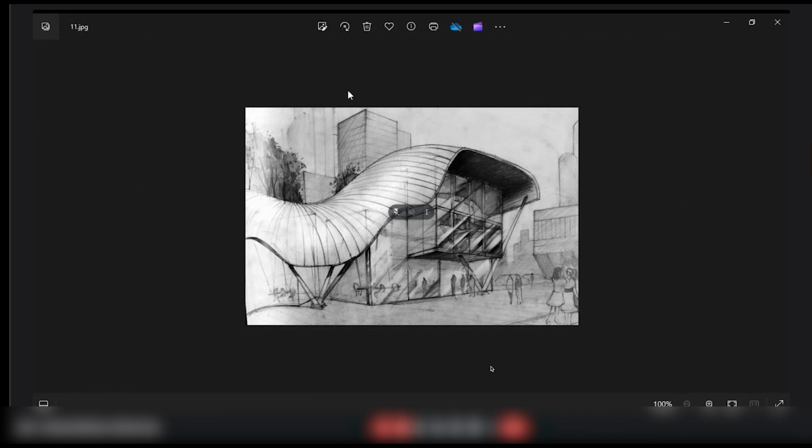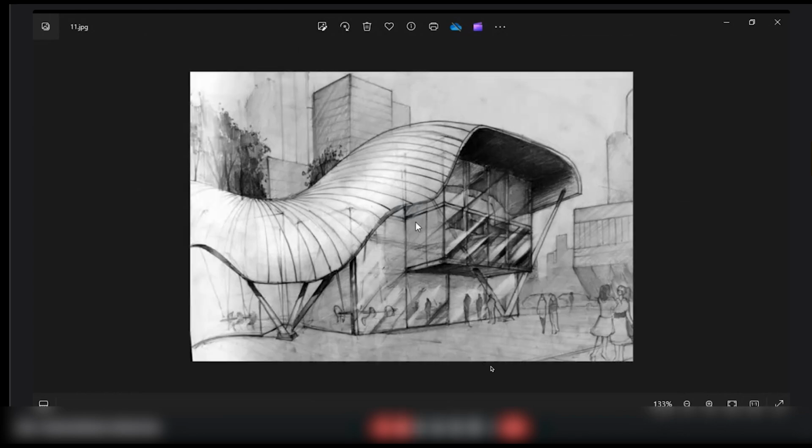Okay. So this is also a good example of contrast. See, in this drawing, there's a good utilization of tonal values. It may not be in color because it's a proper hand-drafted pencil sketch, but you can observe line weights and tonal values of each and every element of this structure.